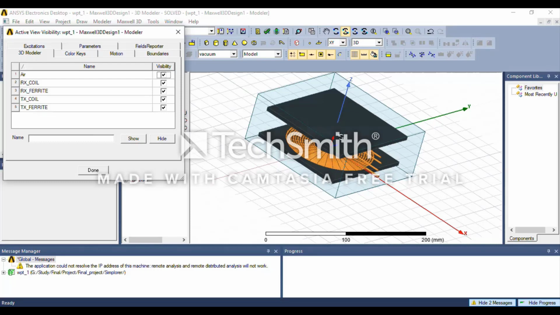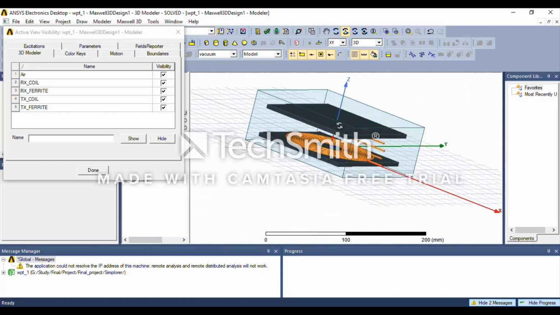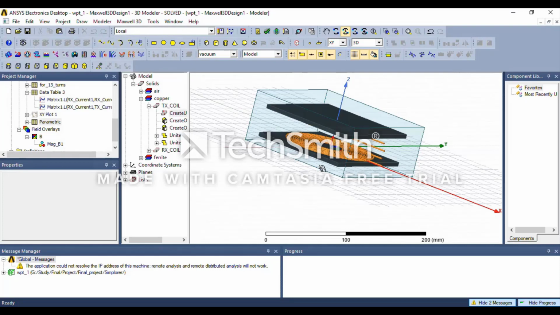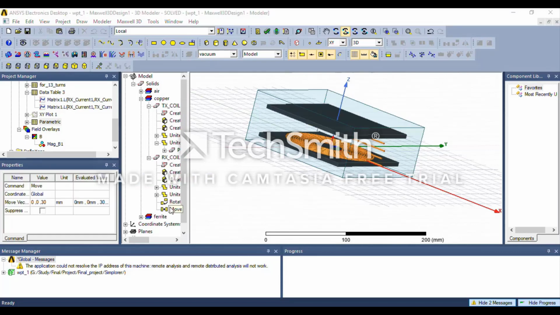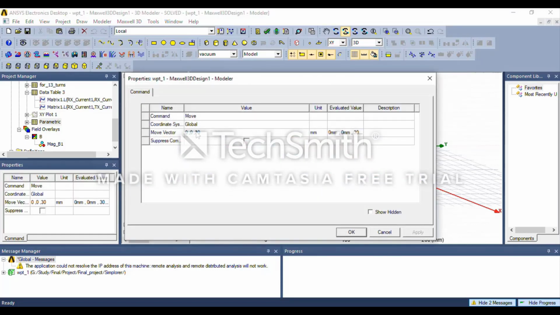So what we have done is we have kept the two coils, the TX coil and the RX coil, at some distance. Here we have kept it at 30 mm. Here you can see the Z coordinate of the move vector is 30, and the unit is mm, which shows that the two coils are placed 3 centimeters from each other.